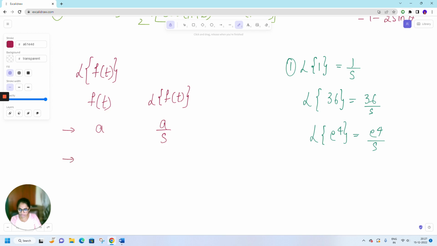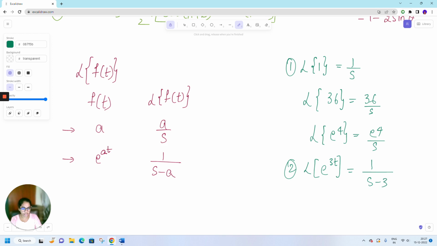The second formula is if f of t value is e power at, then Laplace of e power at would be 1 divided by s minus a. So if I ask you the Laplace of e power 3t, the answer would be 1 divided by s minus 3.